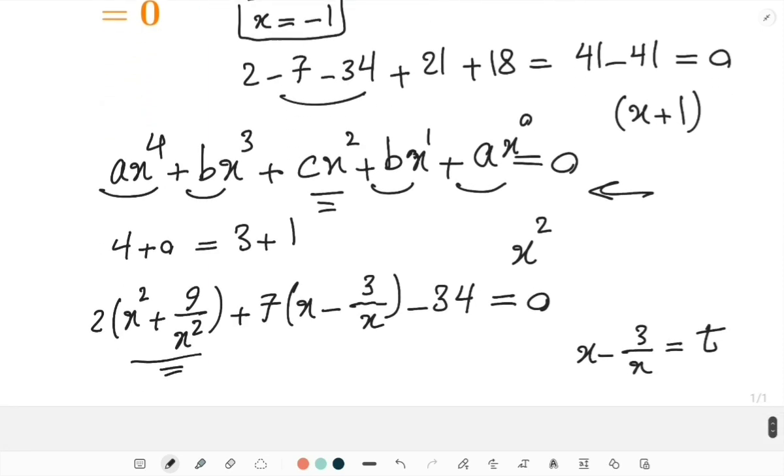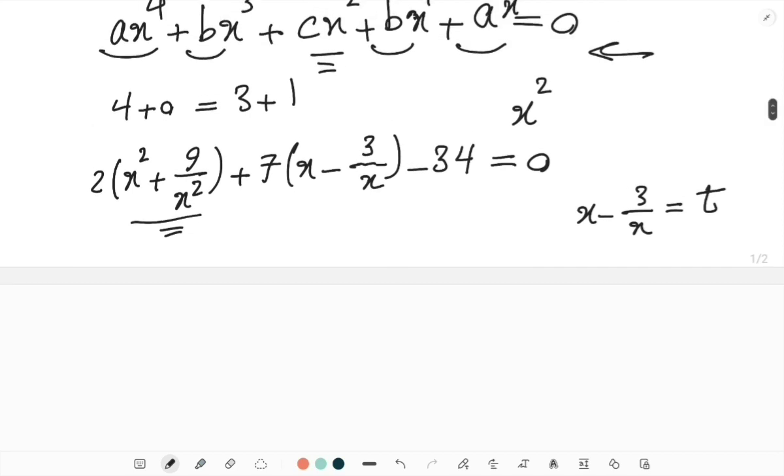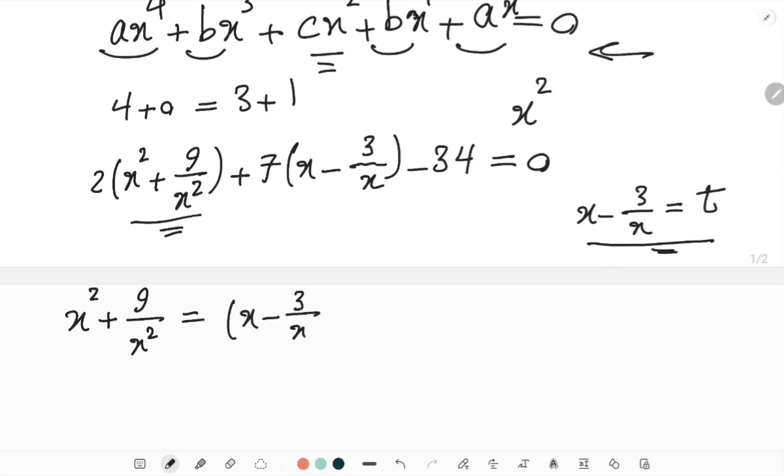So now let's go back to the problem and see how we can solve it. If this is my change of variables, then x squared plus 9 over x squared, I can write as x minus 3 over x, to the power of 2, plus 6.